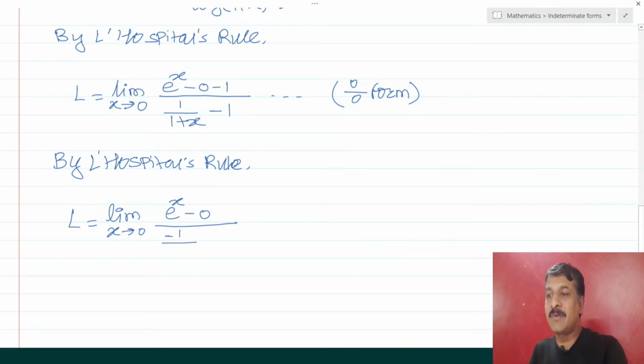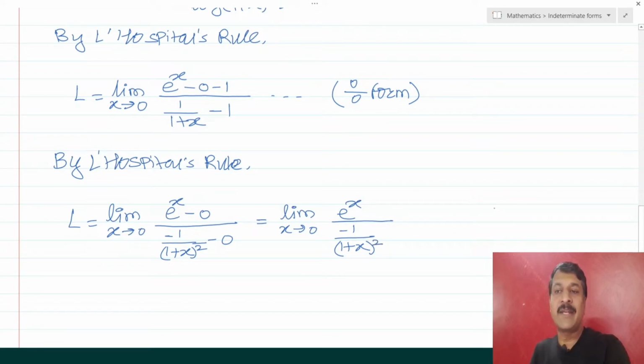is minus 1 upon (1 + x) whole square, and the derivative of 1 is 0. So simplified, I am getting limit x tends to 0, e^x upon minus 1 upon (1 + x) whole square. Now put x equal to 0. So e^0 is 1. It means that it is not any indeterminate form.